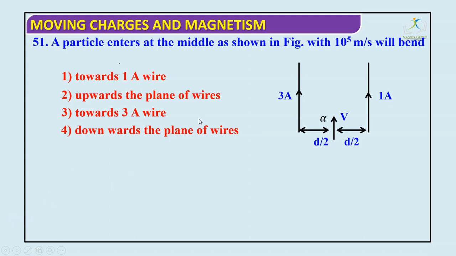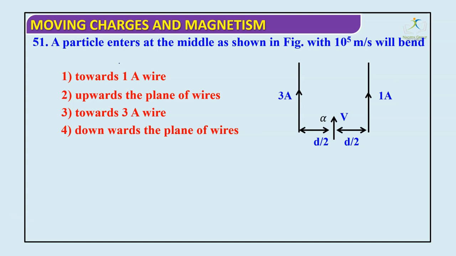This is the diagram of this particular question. According to the right hand thumb rule, the magnetic field due to the left wire is inside the paper, and due to the right wire it is outside.